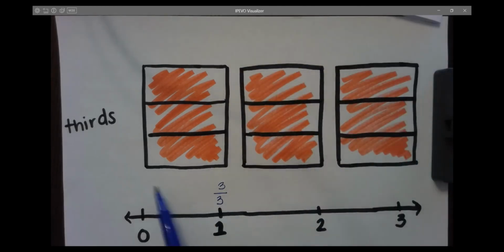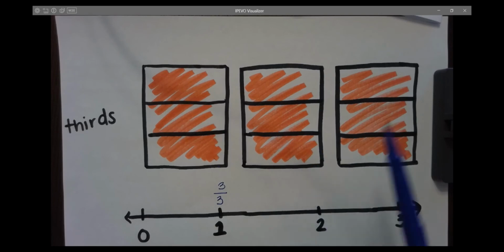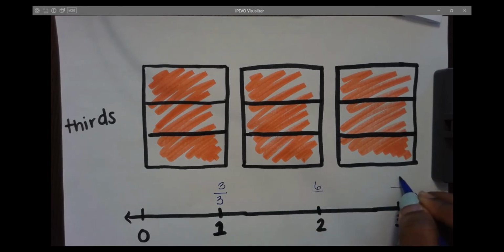Now, if each one of these is broken up into 3 parts, that means we're going to skip count by 3. So if you have 3 here, what would be the next 2 numbers? Right, the numerator here would be 6, and the numerator here would be 9.